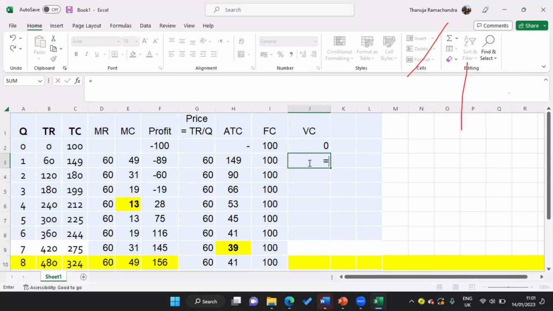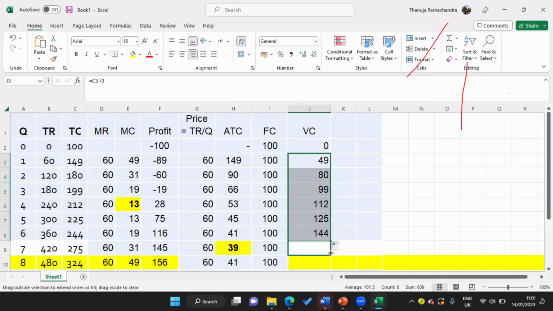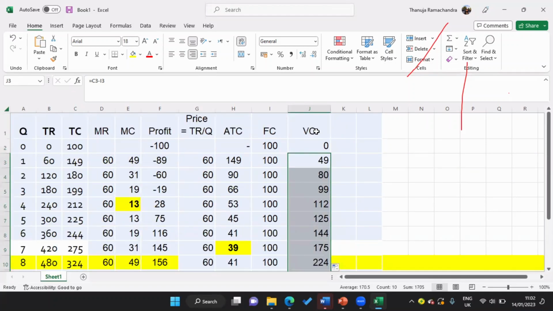Variable cost is increasing; it also will increase for some time. 80, 112, 125, 144, 400. So it's the total variable cost, and that is increasing with the output.